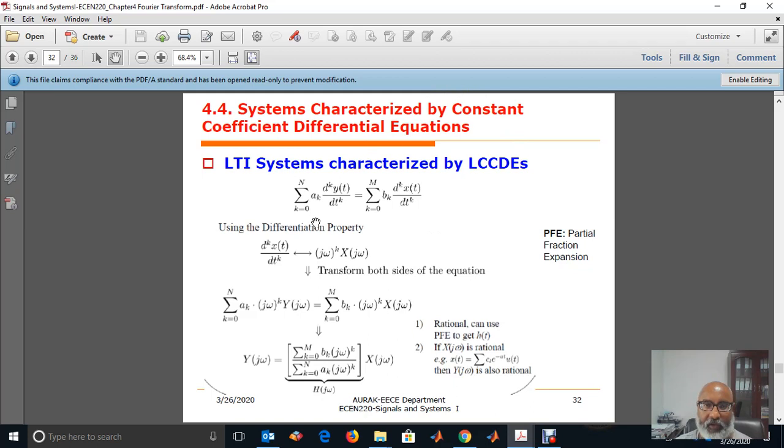For example, the sum from k equals 0 to N of a_k times the k-th derivative of y, the output, by dt^k is equal to the sum from k equals 0 to M of b_k times the k-th derivative of x of t by dt^k. This is a differential equation which gives the relation between the input x of t and the output y of t.